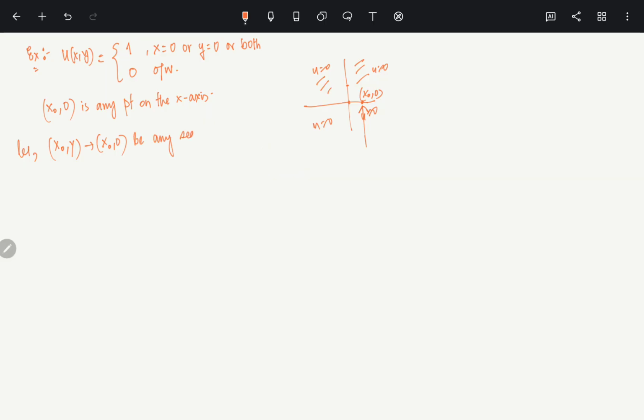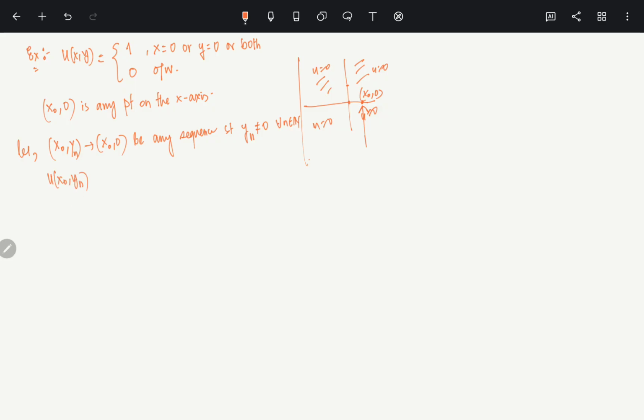So basically the sequence y_n converges to 0 and (x naught, y_n) converges to (x naught, 0), such that y_n is not 0 for any n in N. If that happens, then what is u of (x naught, y_n)?